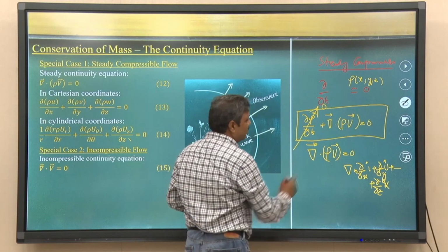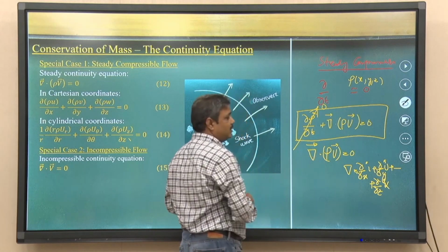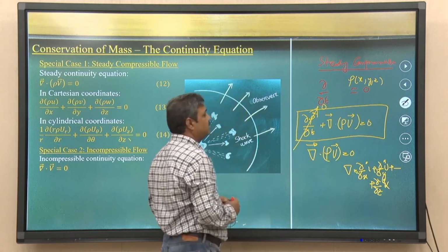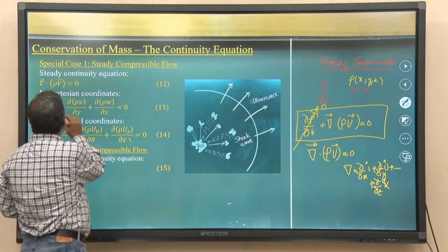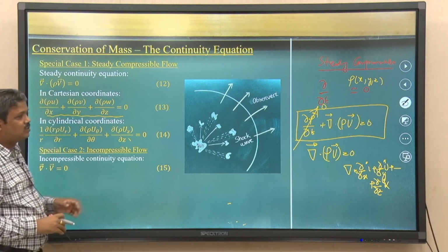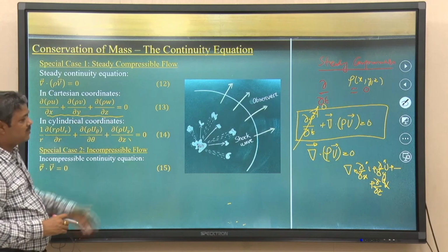For the divergence of the mass fluxes, if you take the dot product, you can easily find this component. Is it correct?